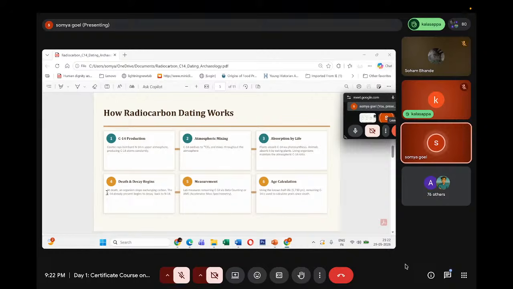Now, death is the most important aspect of this cycle. The moment an organism dies, whether it's a tree that fell down or an animal that died, the exchange of carbon stops in that organism, and no new carbon 14 enters the body. We already had some carbon 14 because it was a continuous process.